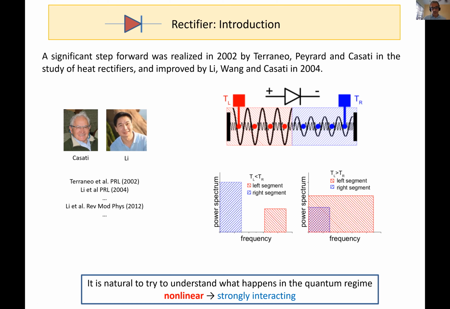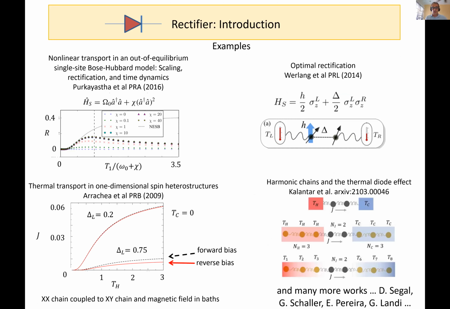Okay, so now that we think about nonlinearity, and since I want to talk about quantum systems, the first thing that came to our mind was to say, okay, let's map nonlinearity to strongly interacting systems. This will be the path that we'll try to follow to generate very strong rectification. Obviously, before we started to work on this, there were some nice works in the field, both in classical and quantum systems.